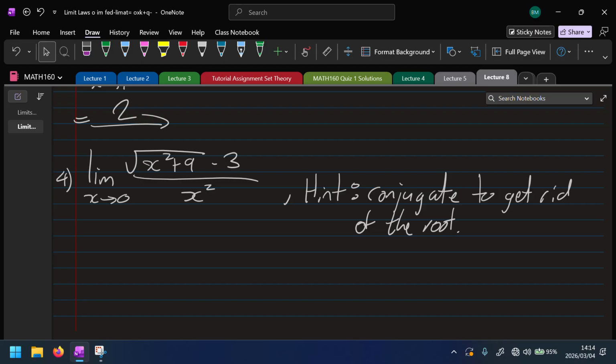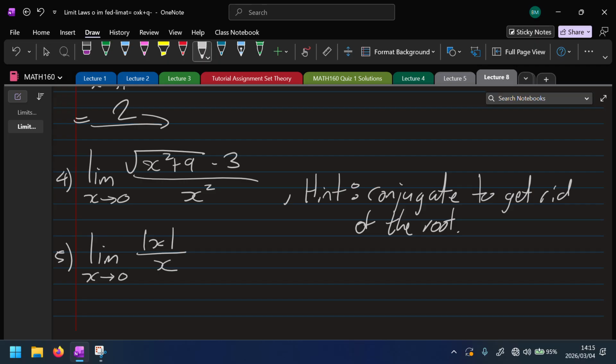Okay. And then number 5, we'll do in class. So we have the limit as x goes to 0 of the absolute value of x over x. Here we have an absolute value. What we're going to do is write this as a piecewise function. It'll make it a bit easier to look at the left limit and the right limit. Because remember, limit as x goes to 0, what does that mean?